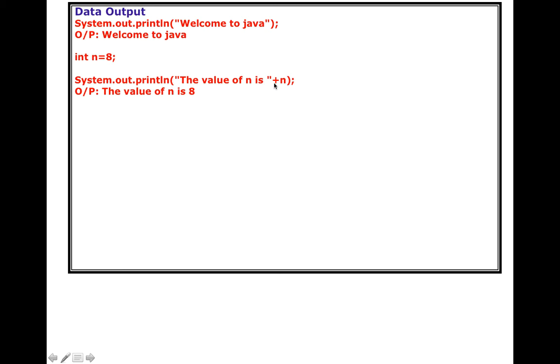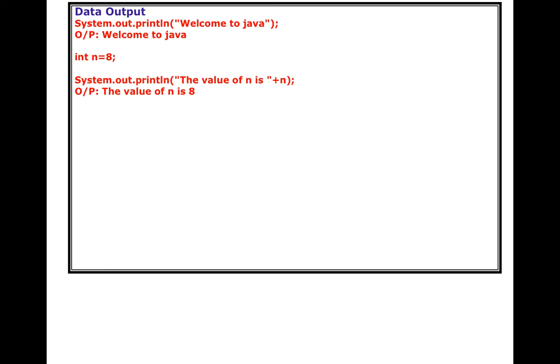Now after the double quotes you have plus and then you have n. We'll talk about plus in a few seconds, but before that let's talk about n. Now n is outside the double quote. So the logic is whatever you write outside the double quote, the compiler will display its value. So the compiler will display the value of n, which is 8.